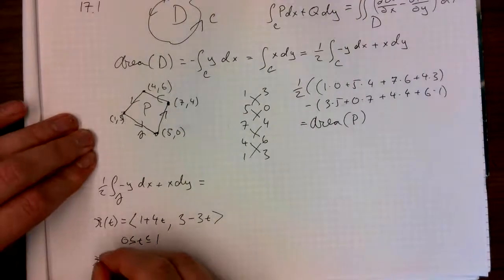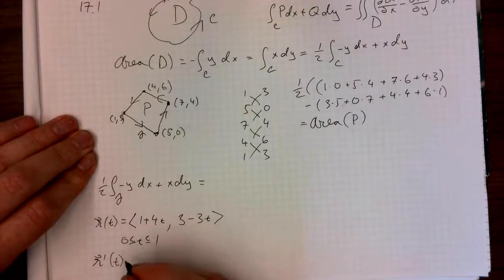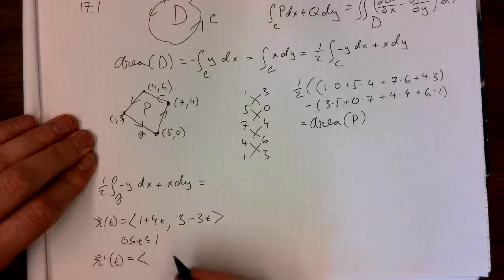Let's compute the derivative. The derivative is (4, minus 3).